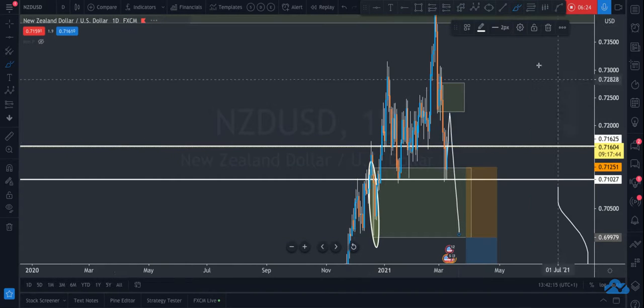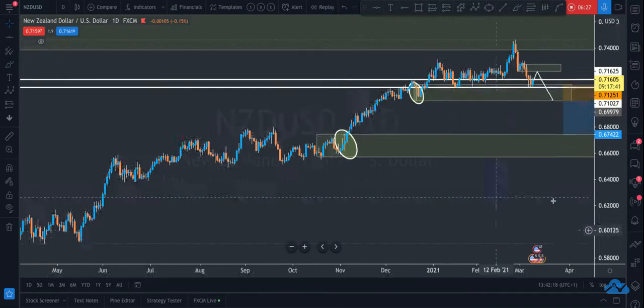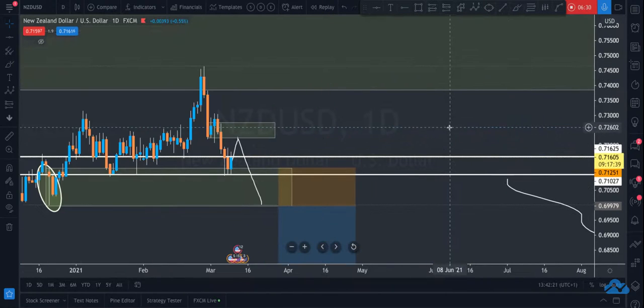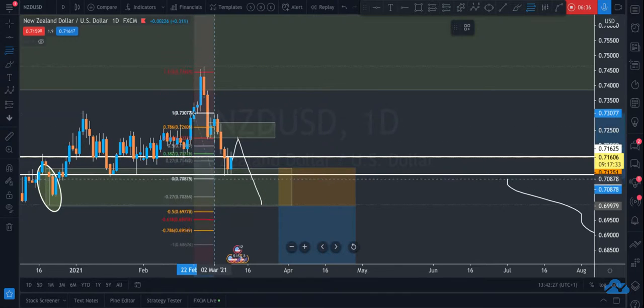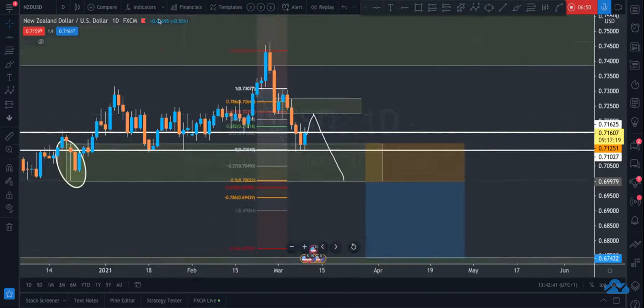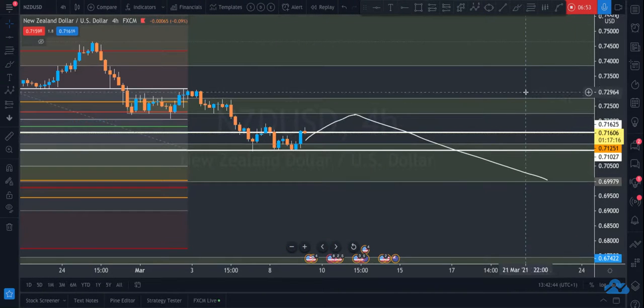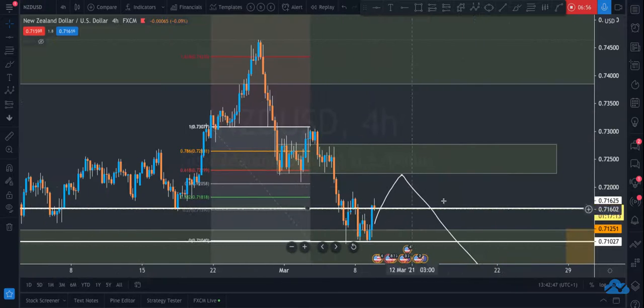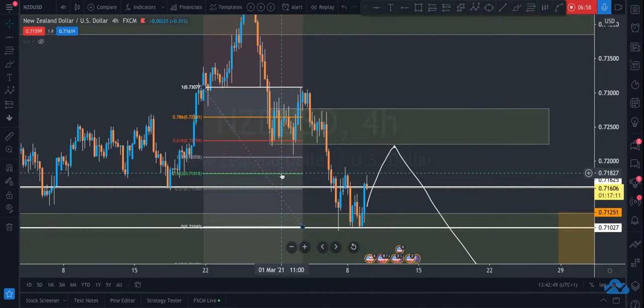Why I can say this, because as you can see, the last impulse, so this one, retested, okay, it has to retest yet, but if you go short here, okay, as you can see on the 4-hour time frame, it means that price for sure retested the 38.2 of Fibonacci, which is my base rule.